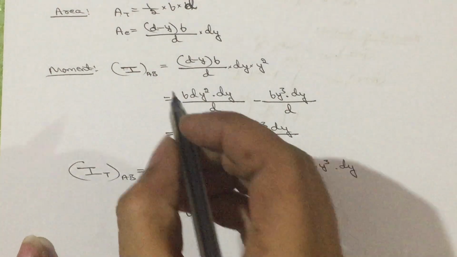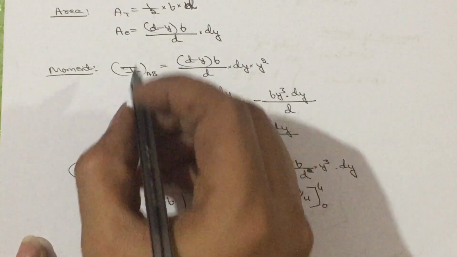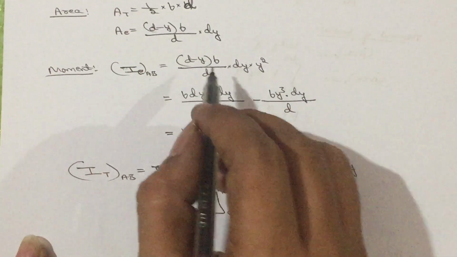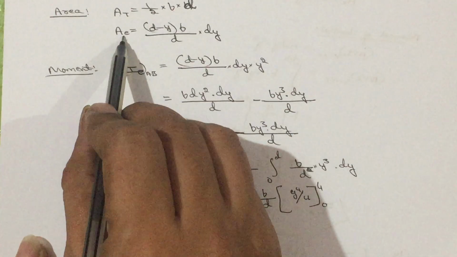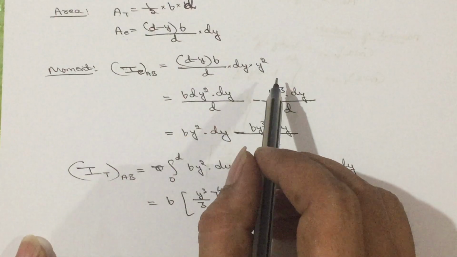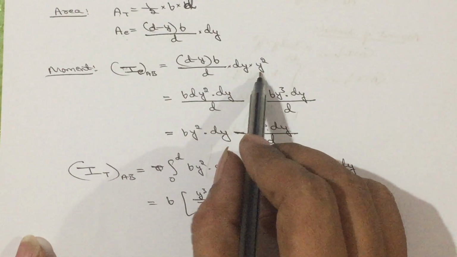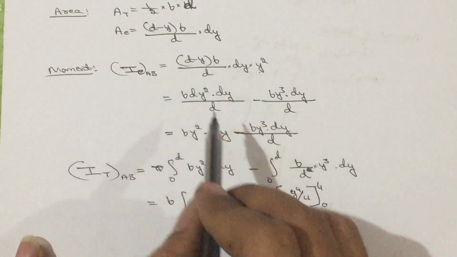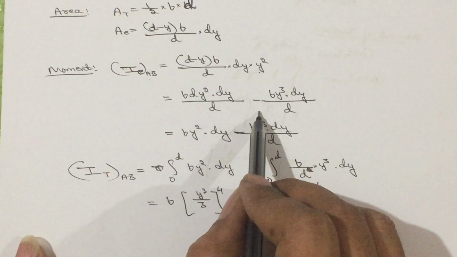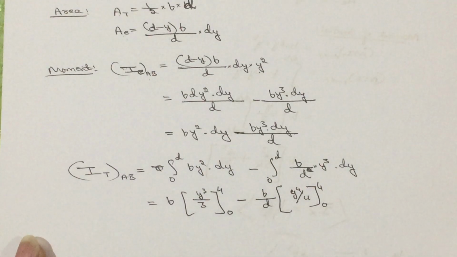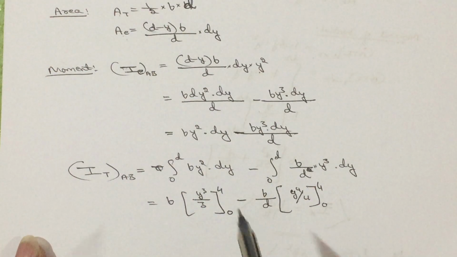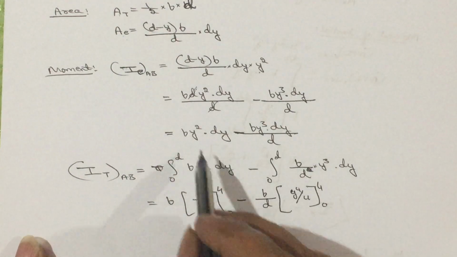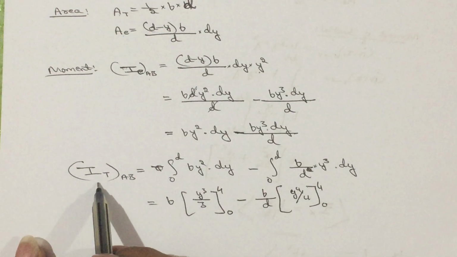So, the moment of inertia of the element about base AB is given by the area we calculated, multiplied by distance square, the distance is y, so y square. Multiply this one with the inner terms, you are going to get this much. Then, once you get this one, here d and d get cancelled.